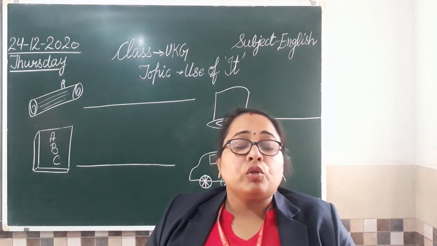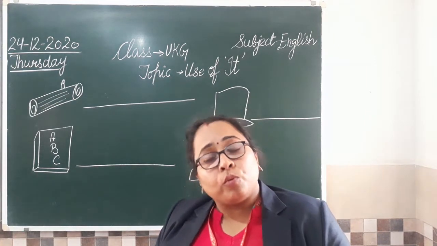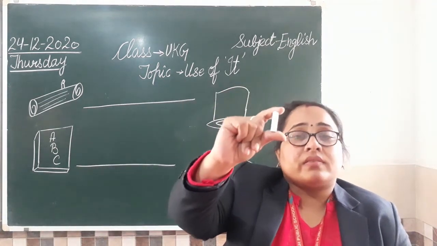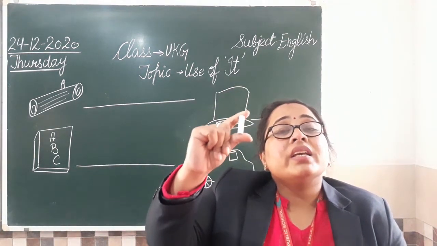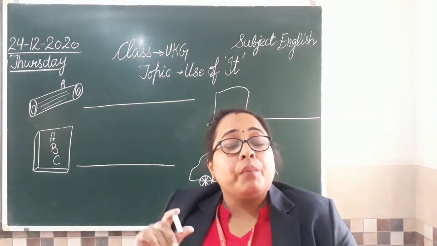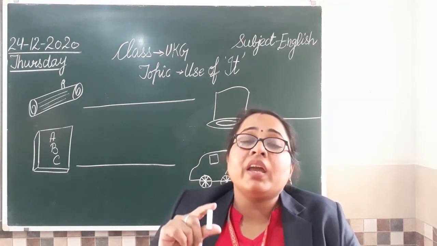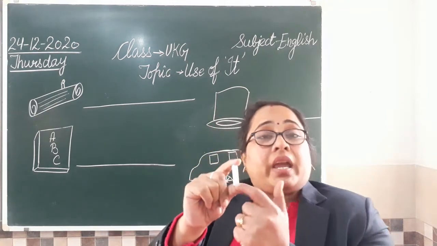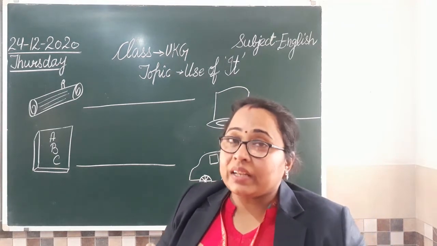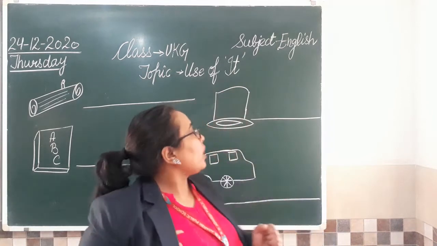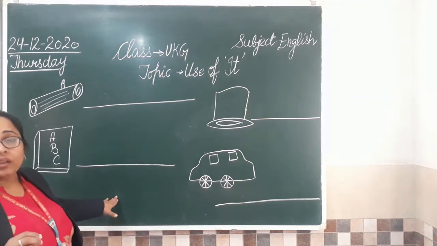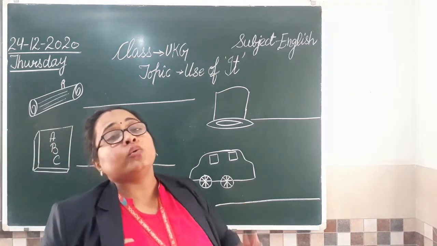Is that clear? तो अगर कोई non-living object के बारे में आपसे पूछा जा रहा है कि ये क्या है, अब मैम पूछती है ये क्या है, what is this? So you will call it is a chalk. It. आप it को यूज करोगे. Why? Because it's a non-living thing. ये non-living है, तो आप बताओगे it, ये it is a chalk. ये एक chalk है. Is that clear to everyone? So now what we are going to do? We are going to identify these objects one by one, and we will make sentences using it.